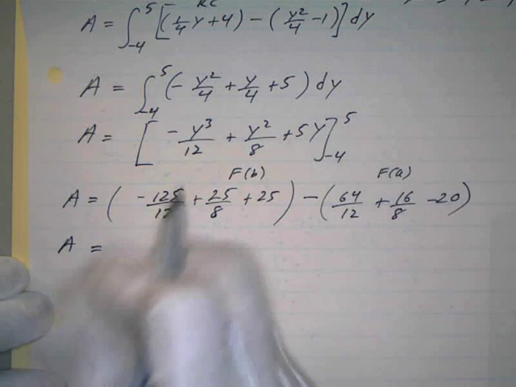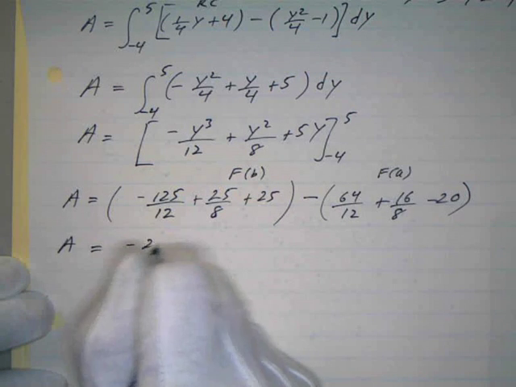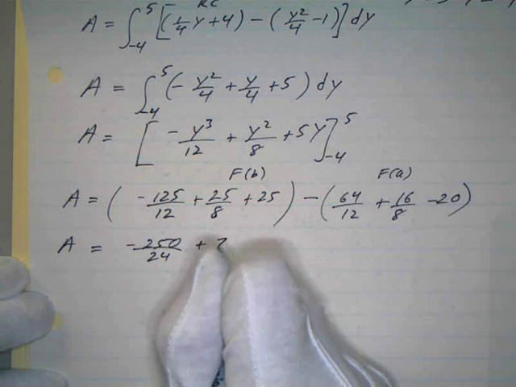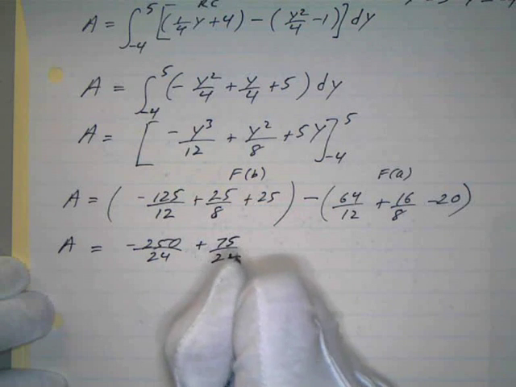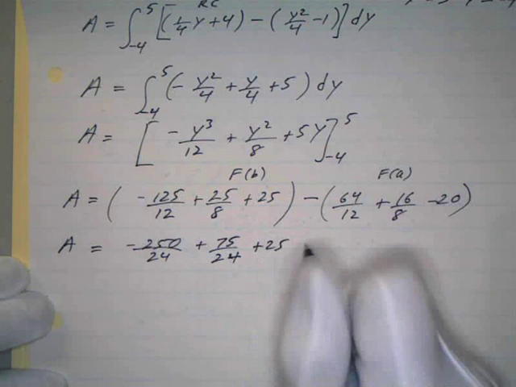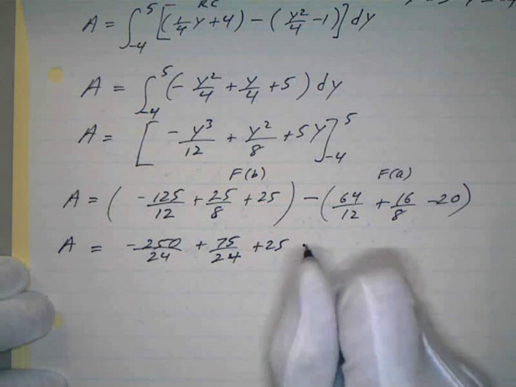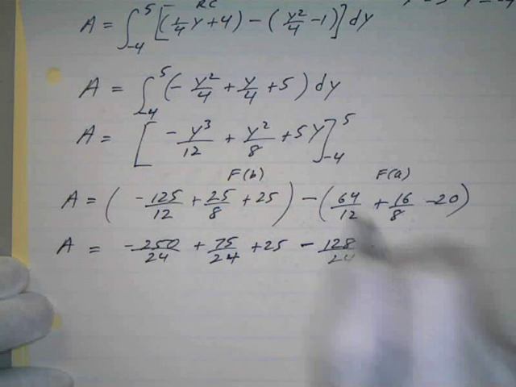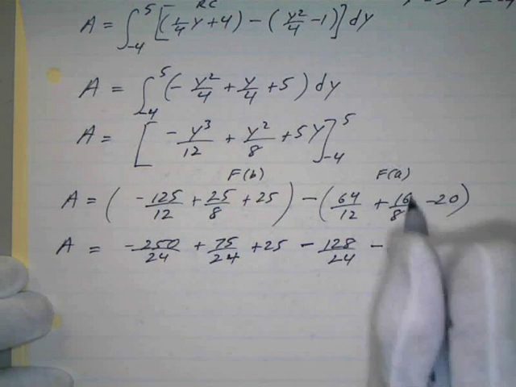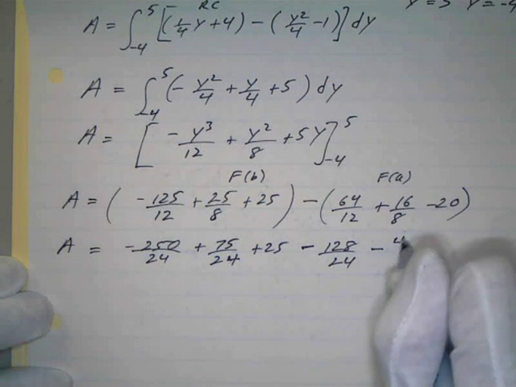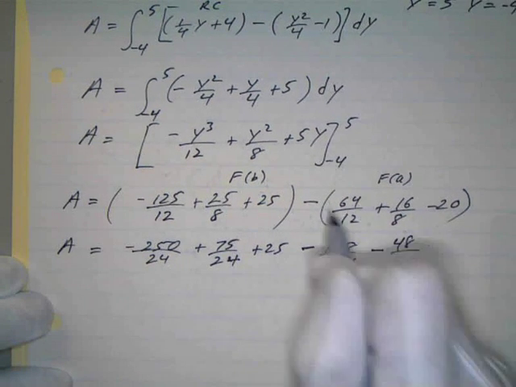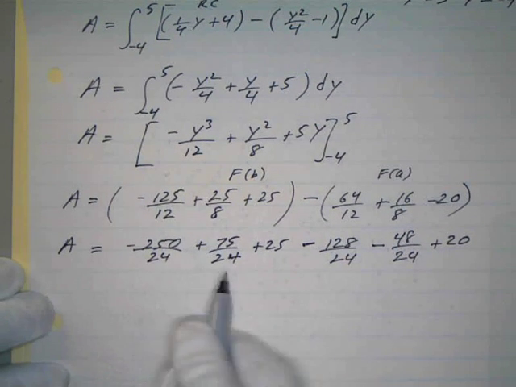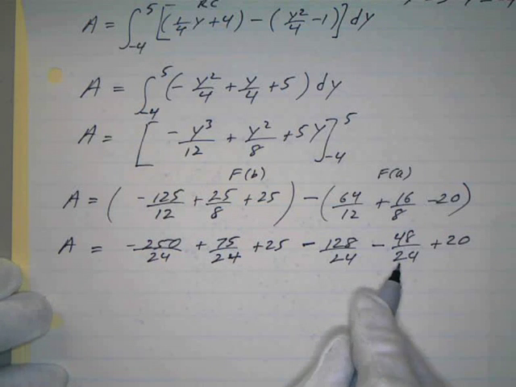I'll remove the parentheses, so I have negative 250 over 24 plus 75 over 24 plus 25, and then I did these also over 24, so minus 128 over 24, and then negative 48 over 24, 3 times 16, and plus 20. So I just added up my whole numbers, and then I combined all these 24s.